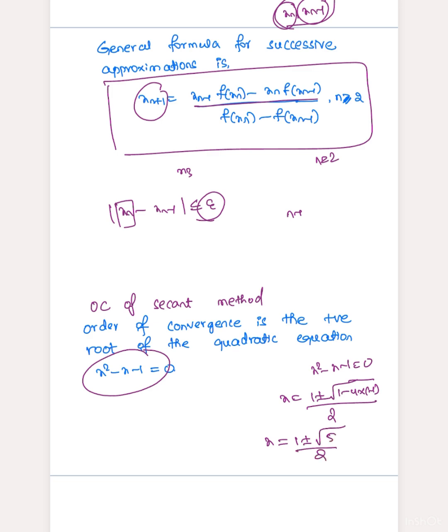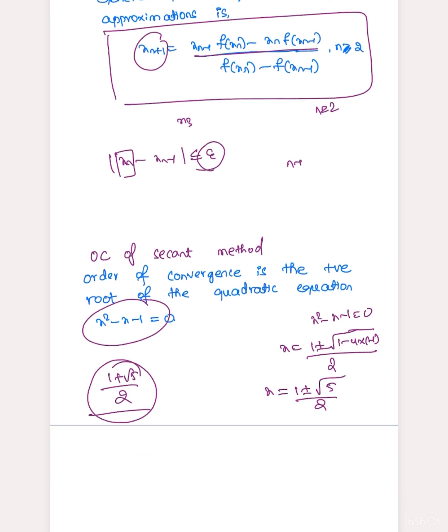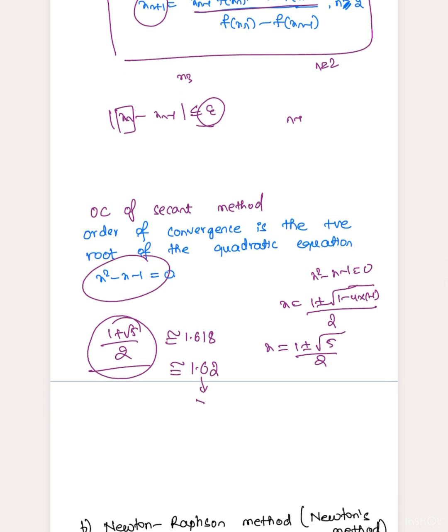So the positive root is 1 plus root 5 by 2. Therefore the order of convergence of the secant method is 1 plus root 5 by 2. This is nearly equal to 1.618, or sometimes we write it as 1.62. You can observe this number is greater than 1 but less than 2. Therefore this convergence is called superlinear convergence.